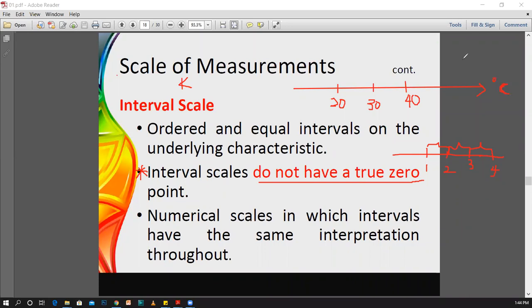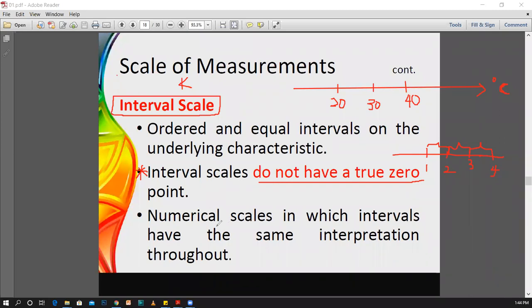You may have learned it previously. Therefore, temperature in Celsius can be considered as an example for the interval scale. The most important thing in the interval scale is that it does not have a true zero.